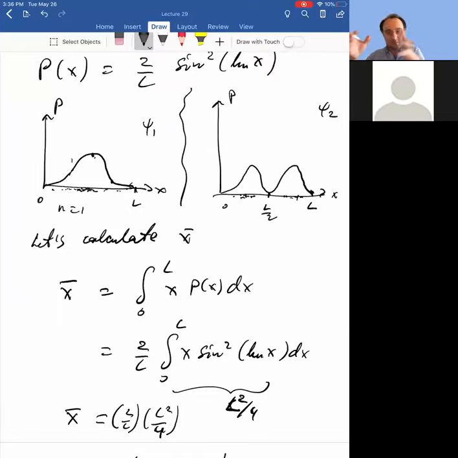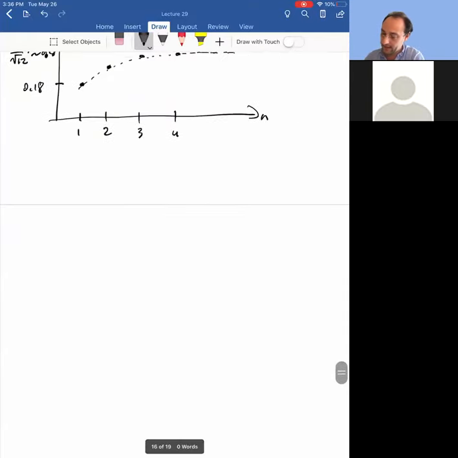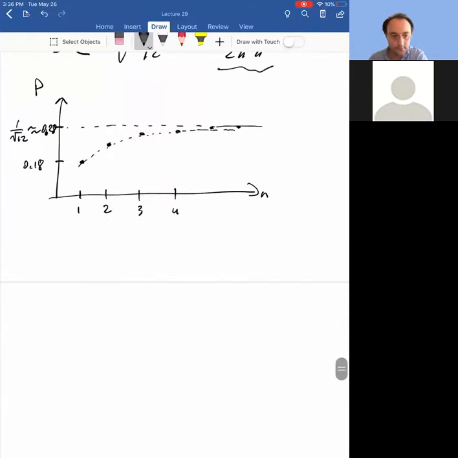The second one is a little bit broader. The third one is even broader. And eventually you go to a classical limit. Okay, so sigma x approaches 1 over root 12 as n goes to infinity. This must be the classical value. Let's check.